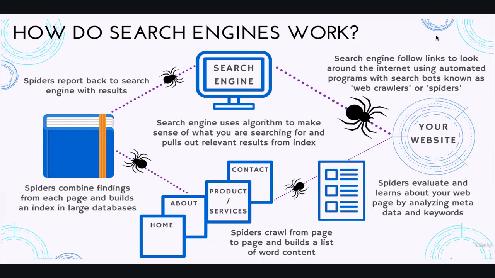Spiders evaluate and learn about your web page by analyzing metadata and keywords. So this is the first thing that happens. First off, search engines use algorithms to make sense of what you are searching for and pull out relevant results from context, or index.